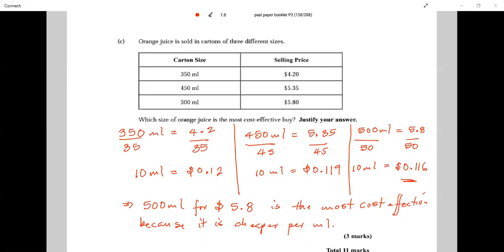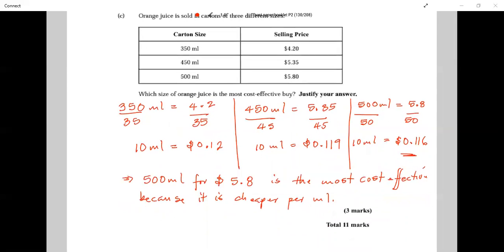It's most cost effective because when you bring it down to the same unit, it is cheaper. All right, and I think that is the end of the question.